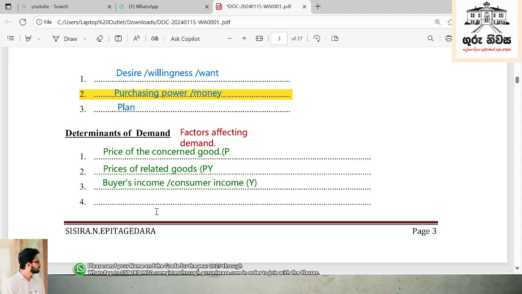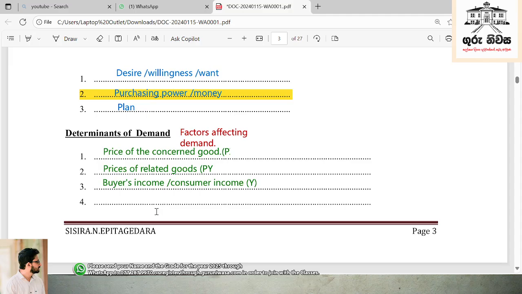There will be higher demand especially for smartphones, vehicles, house appliances like refrigerators and washing machines. You get the point. So remember, the increase in income causes demand to change. This is called buyer's income.